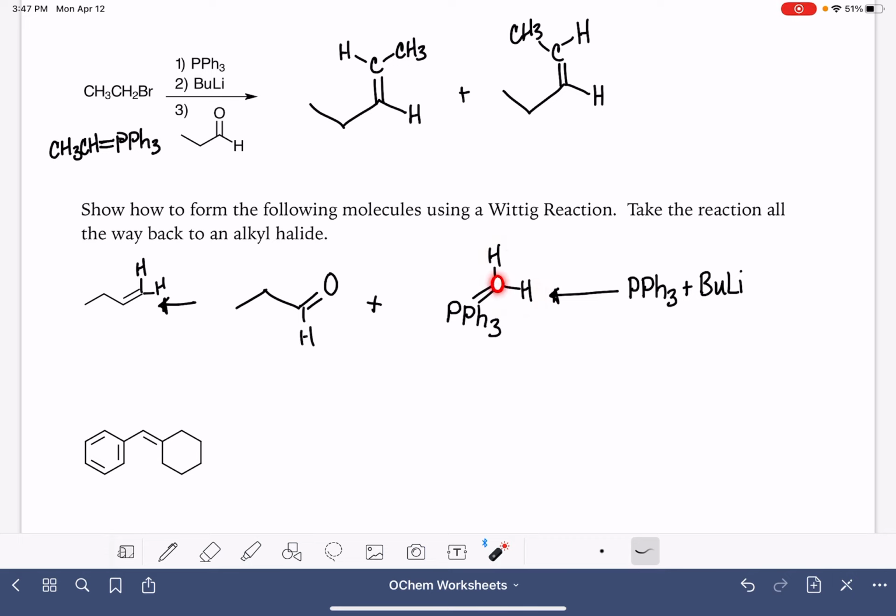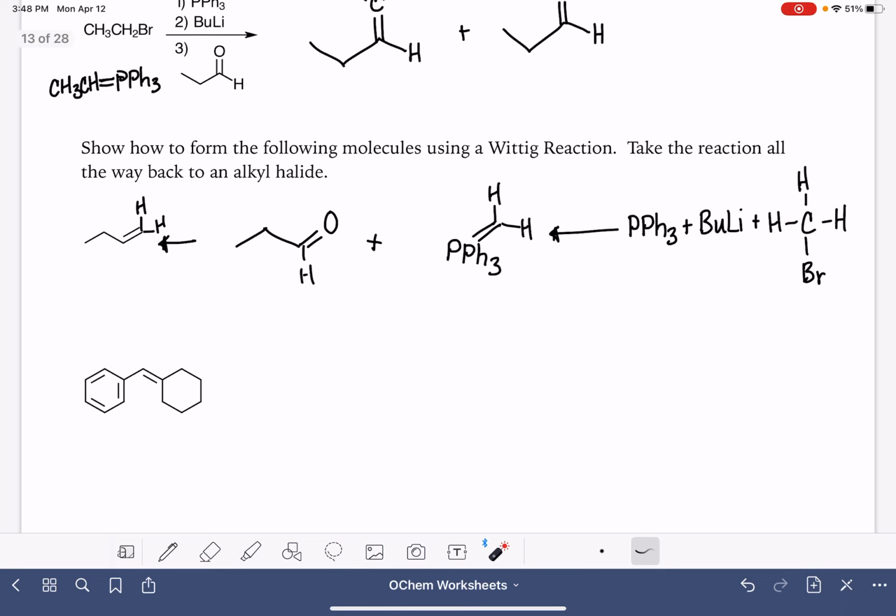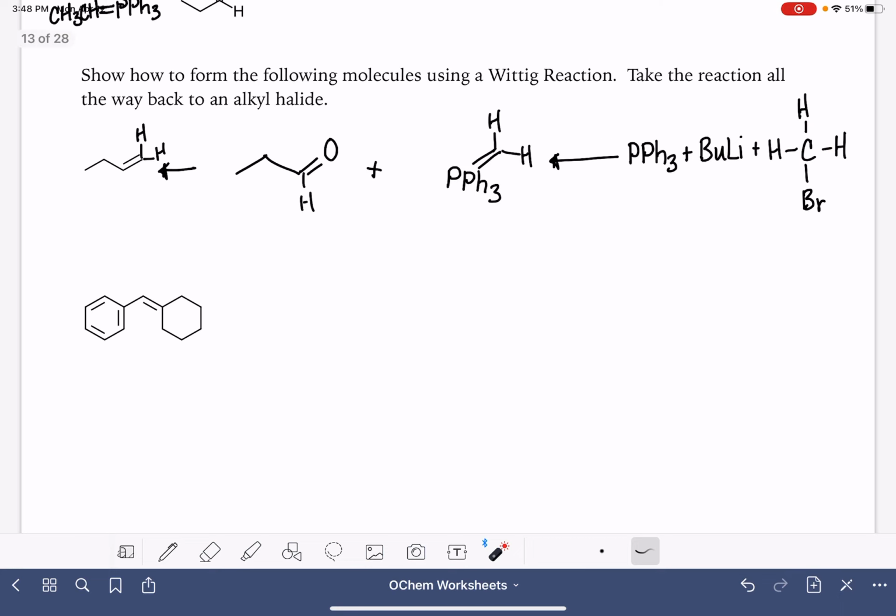The alkyl halide needs to have just one carbon in it, and I can see that it's got two hydrogens in there, so I'm going to draw those two hydrogens in. It needs to have a halogen. I'll just make a bromine, and then we need to fill in as many other hydrogens as necessary to make sure that this carbon atom has enough bonds. CH3Br.